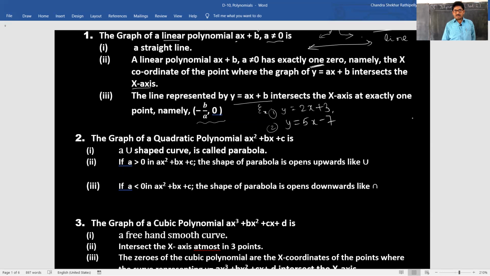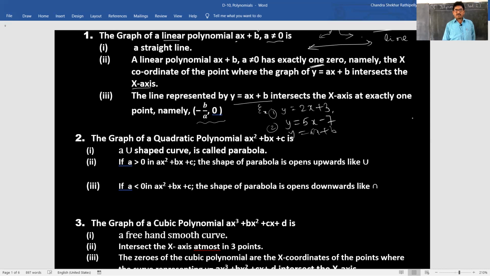So, for example, to understand, what is the intersecting point of 2x plus 3? Minus b by a. Minus b by a means we have to compare with the standard form y is equal to ax plus b.